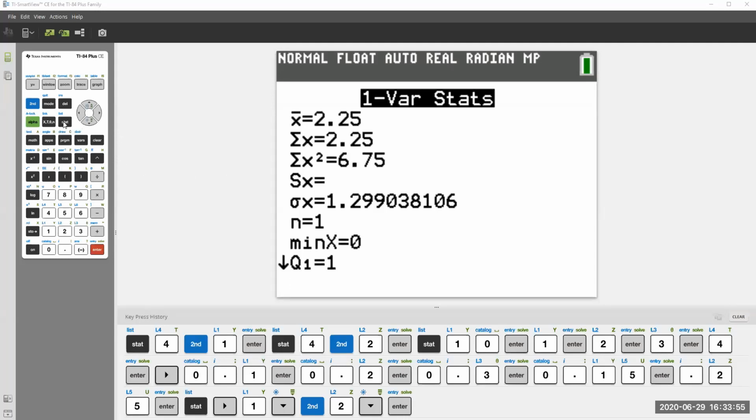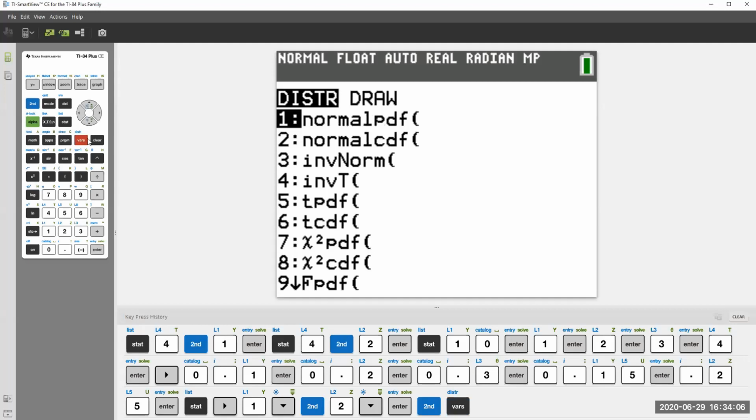All right, guys, focus with me on this. First thing I'm going to do, I'm going to click on the second key, second vars. So one more time, second vars. And that will give me a list of probability functions that we're going to use.